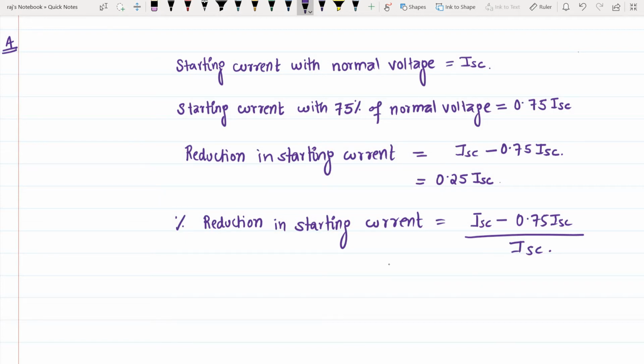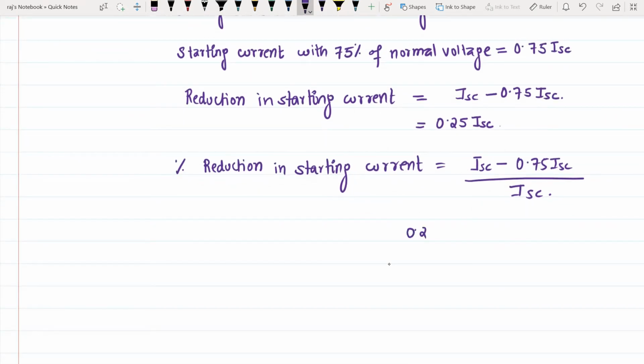This is going to be 0.25 ISC by ISC into 100%. So ISC and ISC will get cancelled. What we are going to get is percentage reduction equal to 25%.